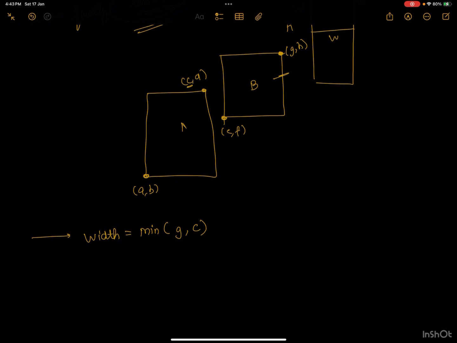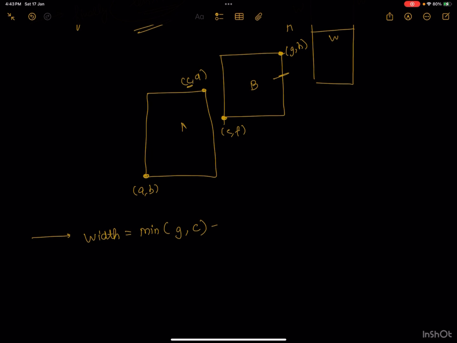And when we were doing the maximum, we were taking the maximum of the bottom left of both these rectangles in the x direction, that is the maximum of a and e. We do that because behind the maximum that is stored there would be no intersection, as there would only be one rectangle.